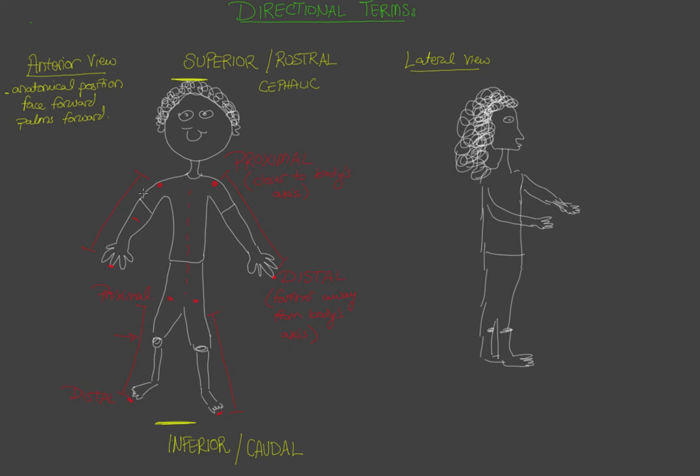Next up on this medial or anterior view, we're going to refer to new terms that we will now call medial and lateral. This time we're going to be looking at an axis that goes from left to right. Medial refers to the middle, versus lateral would mean to the side.